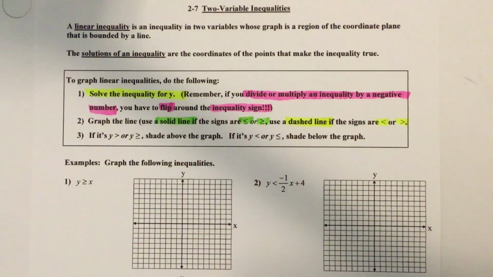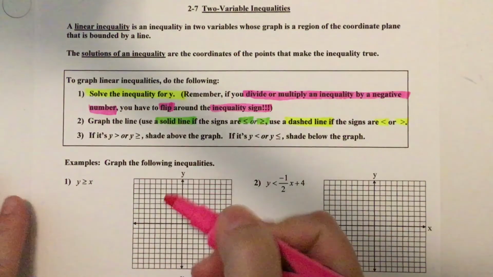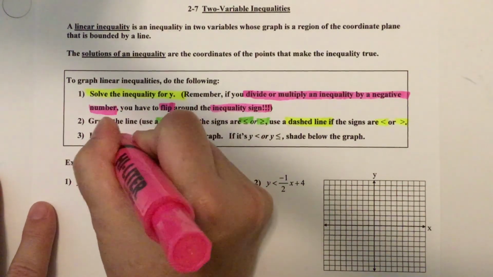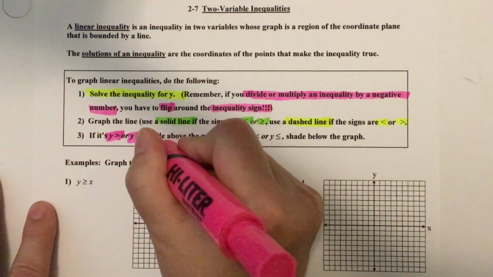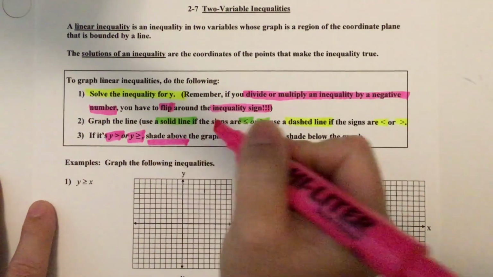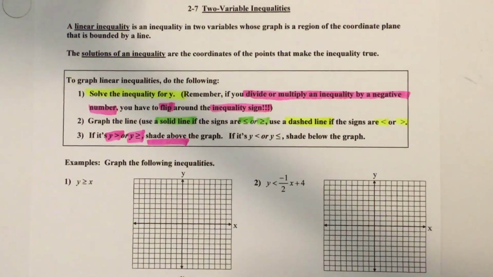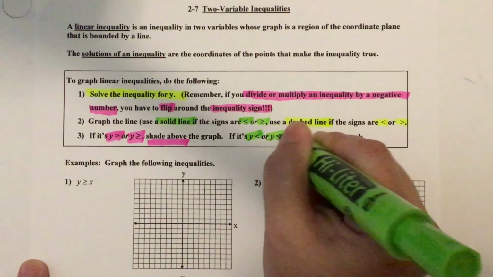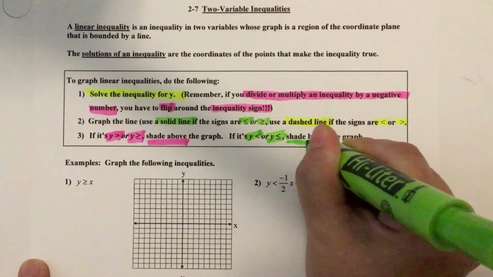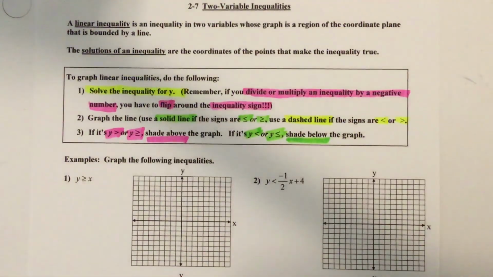And then if it says y is greater or y is greater than or equal to, we shade above the graph. But if it says y is less or y is less than or equal, we shade below the graph.